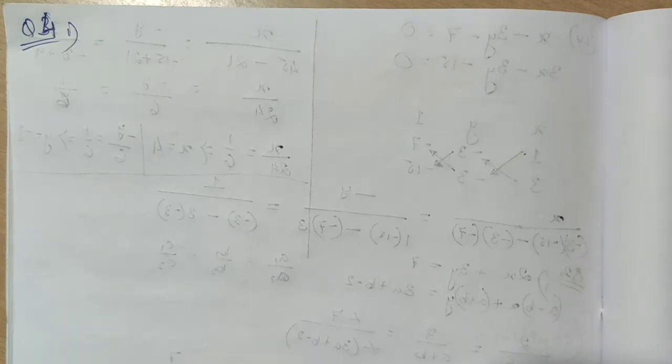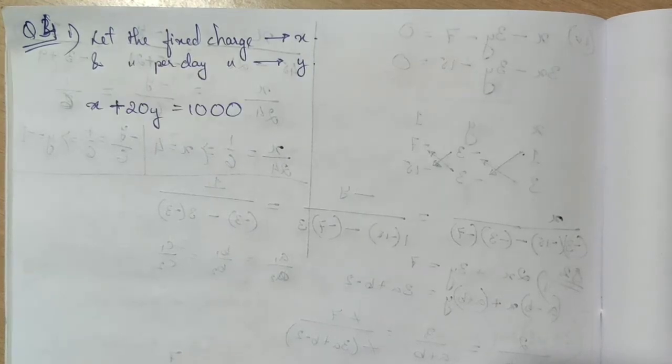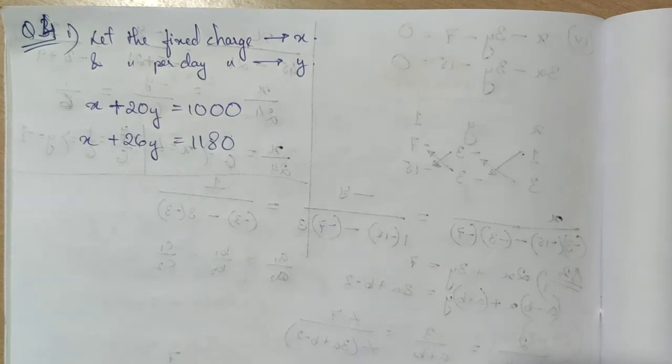So they are saying that there is a fixed charge and a charge per day is taken in the mess. So a student for 20 days pays 1000 rupees. So our equation will be, this is the first equation, and the second equation is for 26 days 1180 rupees is paid.